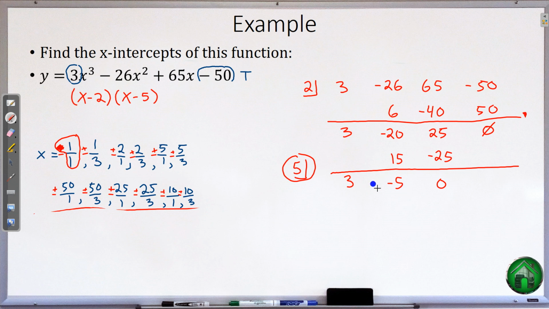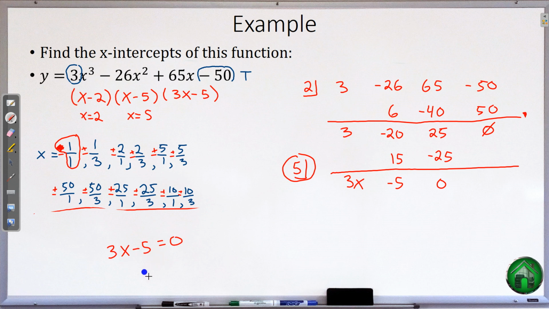Now it looks like we could keep going. We only have a little bit left though. So that's our number, remember, and this is our x. And so our last bit of the equation that's left over is 3x minus 5. And so the first two, we have our x-intercepts nice and easy. This one might not be quite as easy. I'll do it down here so I've got some room. 3x minus 5 is equal to 0.